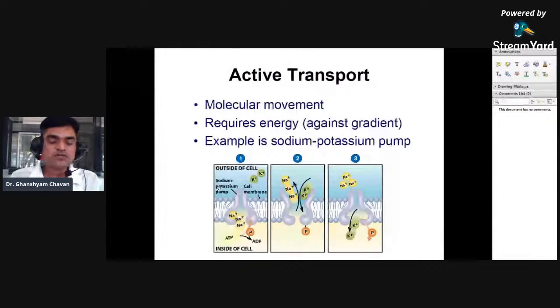So the pump channels the cell membrane, and ATP gets converted into ADP, and the phosphate is released, due to which the sodium ions which are inside the cell come out, and the potassium ions which are outside the cell get entered. So here the exchange of electrolytes, the exchange of ions, will occur.